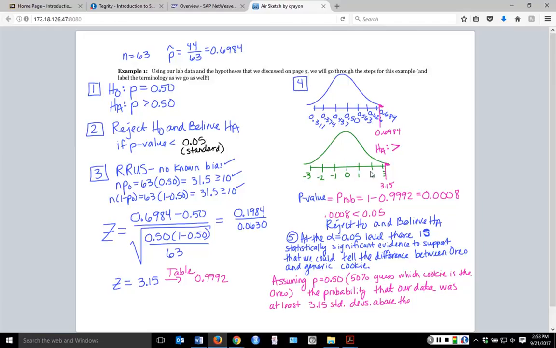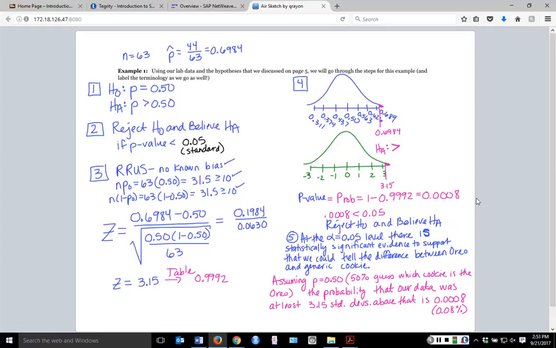And what am I referring to when I say above that? That's 0.5, right? And we were 3.15 standard deviations above that is 0.0008, again, preferred percentage, would be 0.08%.